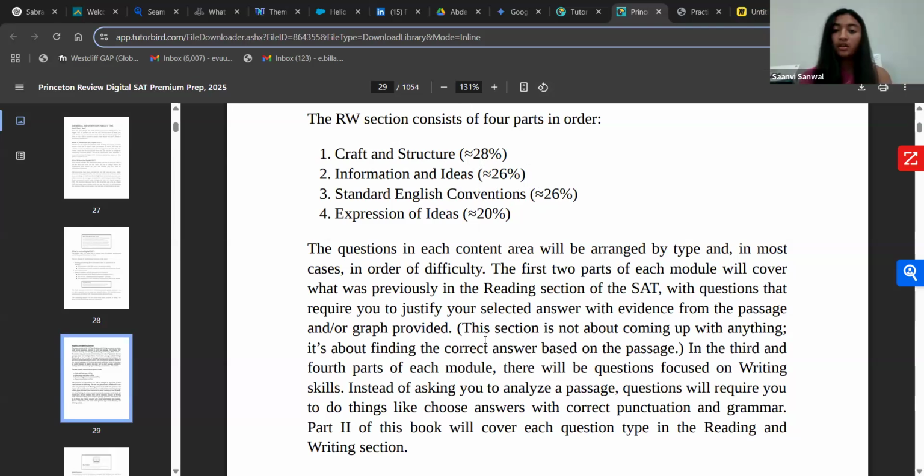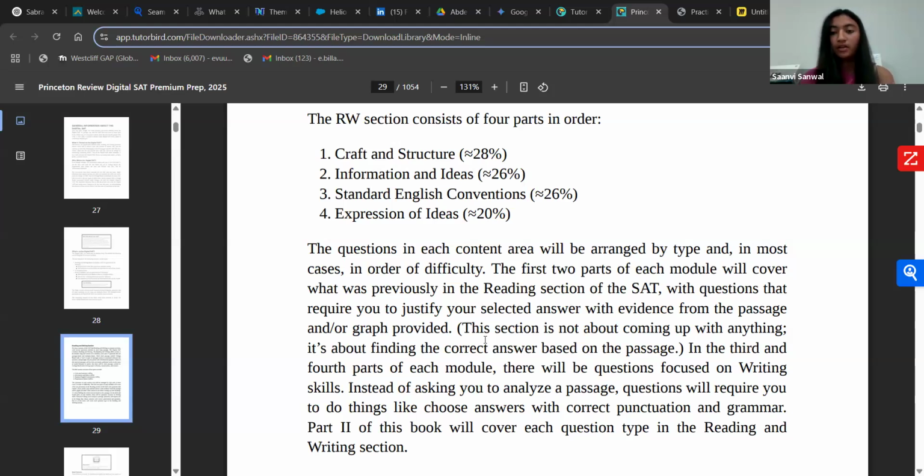The questions in each content area will be arranged by type and, in most cases, in order of difficulty. The first 2 parts of each module will cover what was previously in the reading section of the SAT, with questions that require you to justify your selected answer with evidence from the passage and/or graph provided.